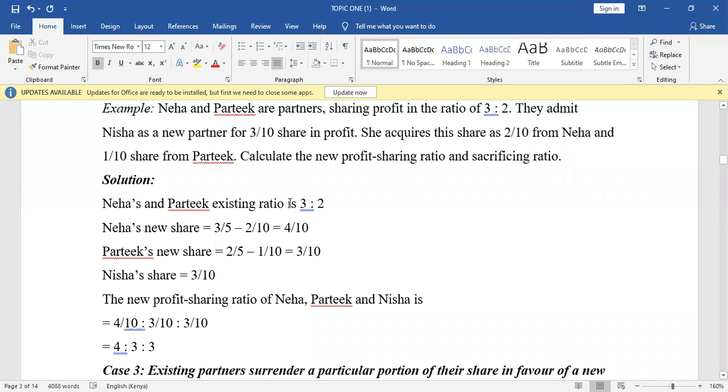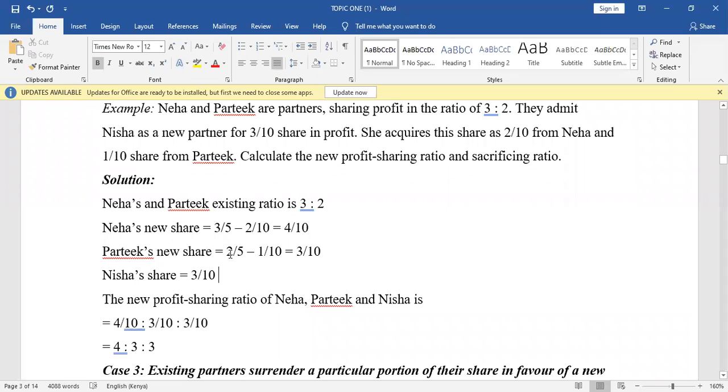The existing ratio is 3:2. Nea's new ratio: in that case, there is 3/5 minus 2/10, which he gave to Nisa. So his new ratio, after he has given his share to Nisa, is 4/10.